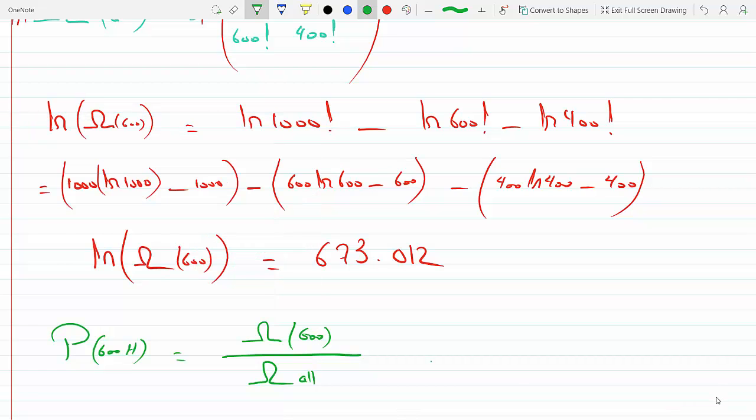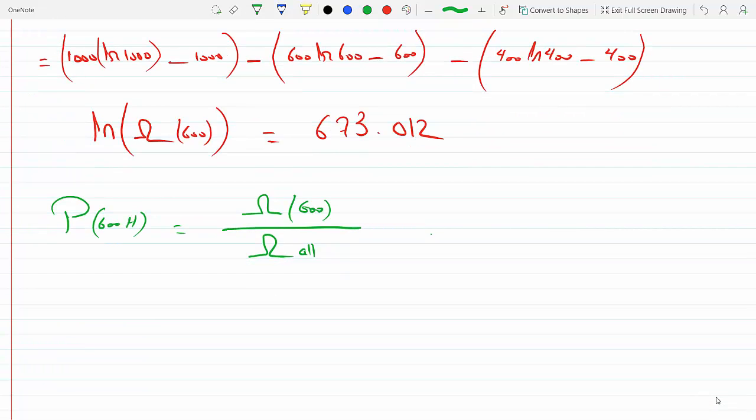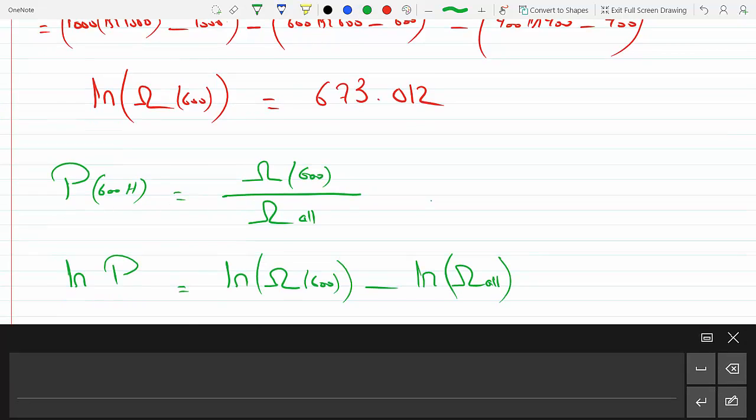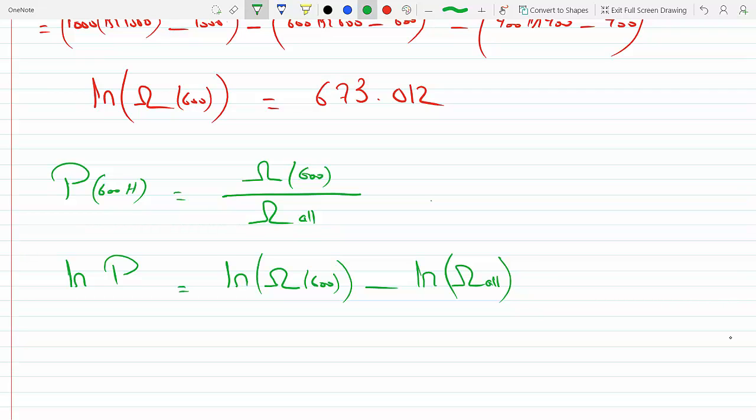Because I already have ln of this, I'm gonna take ln of both sides again. So ln of the probability is equal to ln of the right hand side, which will be ln of this, which I already have, 673.012, minus ln of this, which is a very large number as well, so it will simplify along the way and I could deal with it.